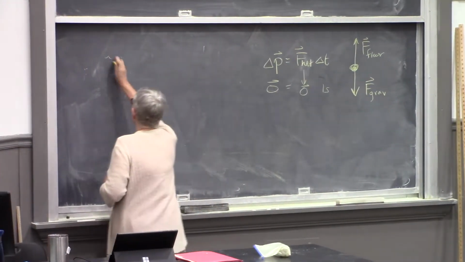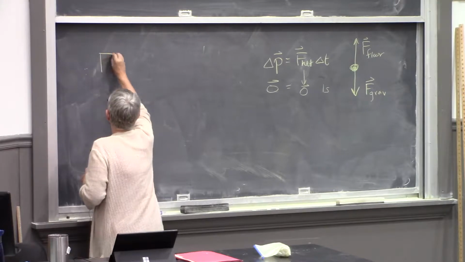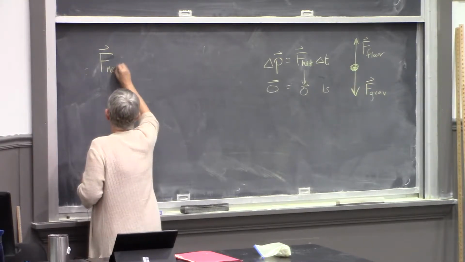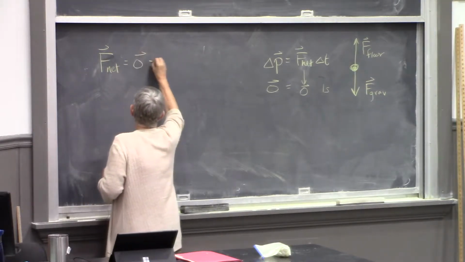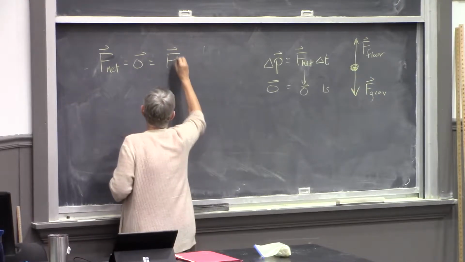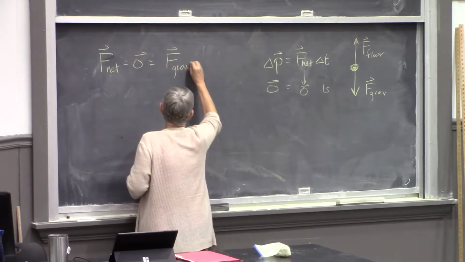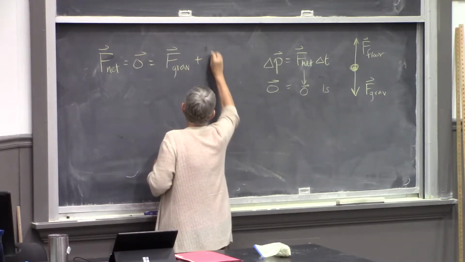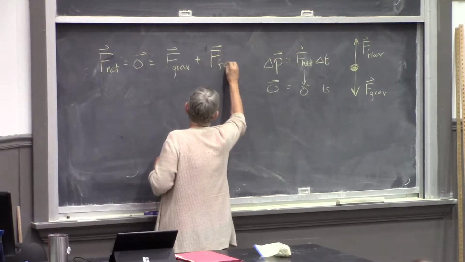So we can say F net is equal to 0, which is equal to the gravitational force of the Earth plus the upward force of the floor.